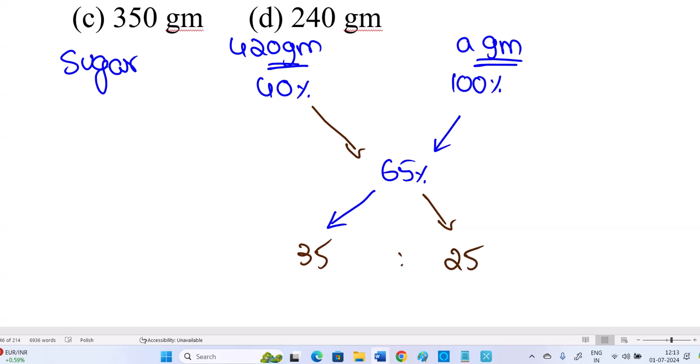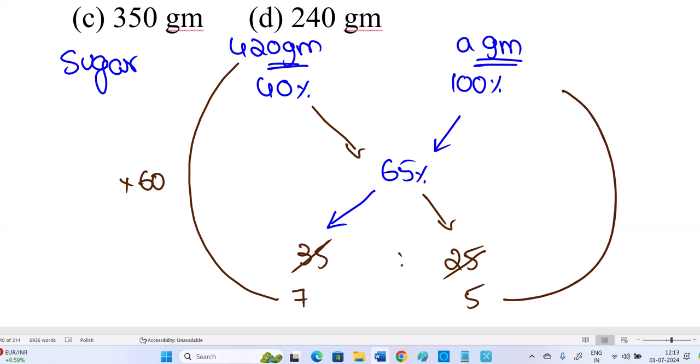This is 7 times, 5 times. 7 represents 420 grams, which means multiply by 60. 5 represents A grams, which means multiply by 60. A is nothing but 5 into 60 grams. 300 grams is the answer. 300 grams is your answer. See.